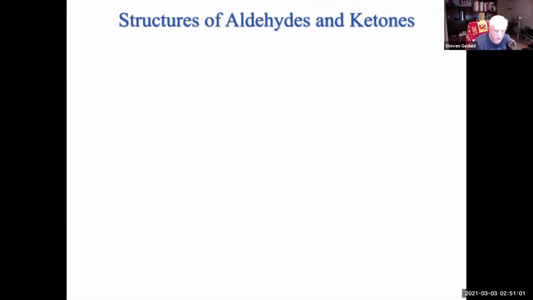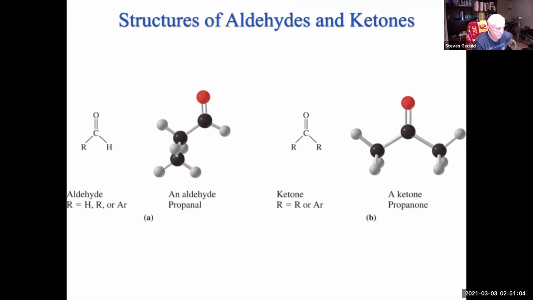Structures of aldehydes and ketones. Again, this is our RCHO. That's an aldehyde. You can see the stick model of it. This is carbon, carbon, carbon, and there's a hydrogen attached at the end. This is propanal. If it's an AL ending, you drop the E and add AL, it's an aldehyde. If we drop the E and add OL, it's an alcohol.